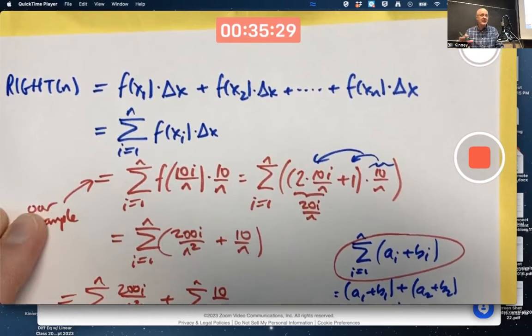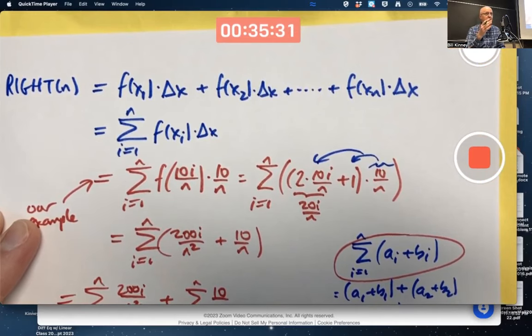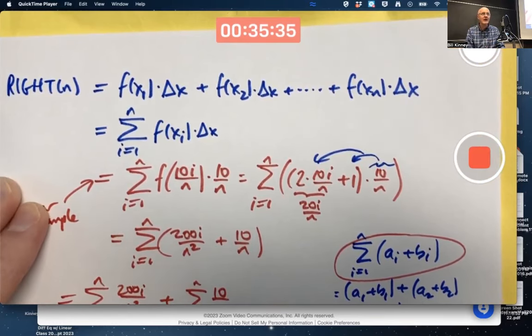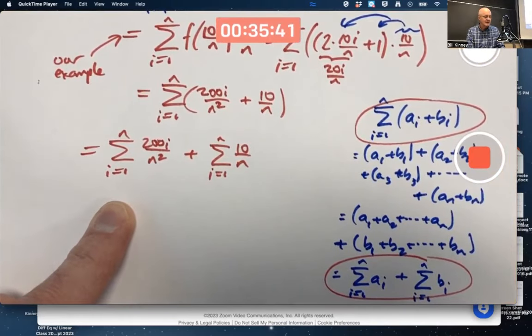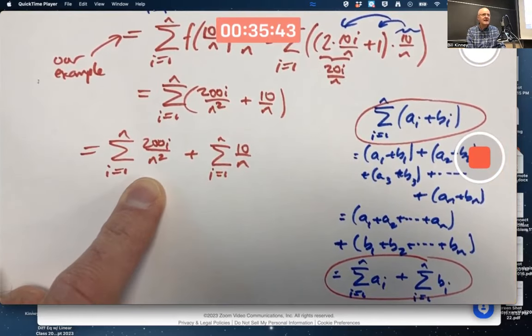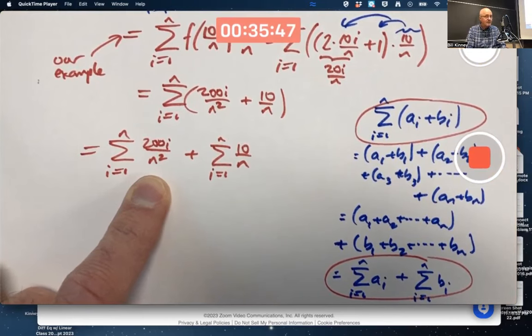Now, after I finish the calculation, I will let n go to infinity, so it won't be fixed in the end. But when doing the calculation, I am thinking of n as fixed. i is the variable. i is what's changing. Anything that is a constant that doesn't involve an i as a multiple here can be factored out.